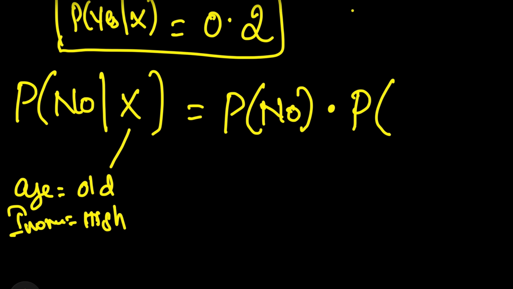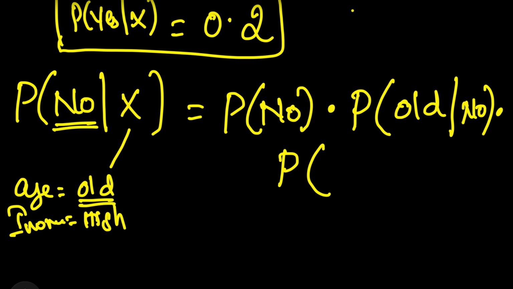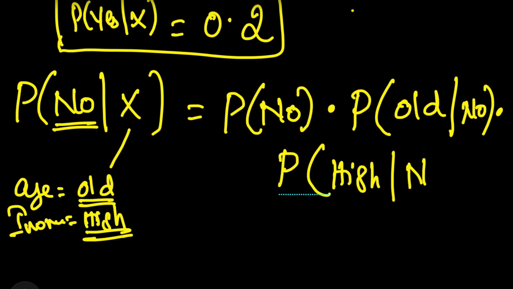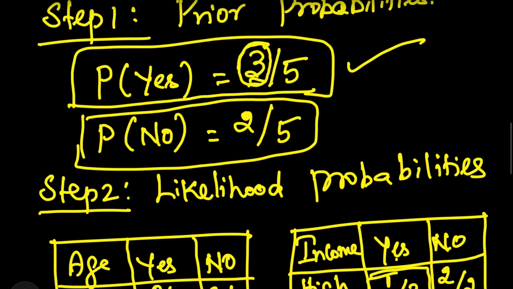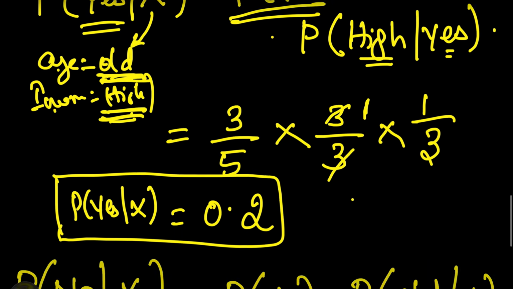Probability of old given, for what class are we finding? No. Multiplied by probability of, here it is high, the next feature, high given no. Now what is the probability of no here? We will find it here in the prior probability. Probability of no is 2 divided by 5.